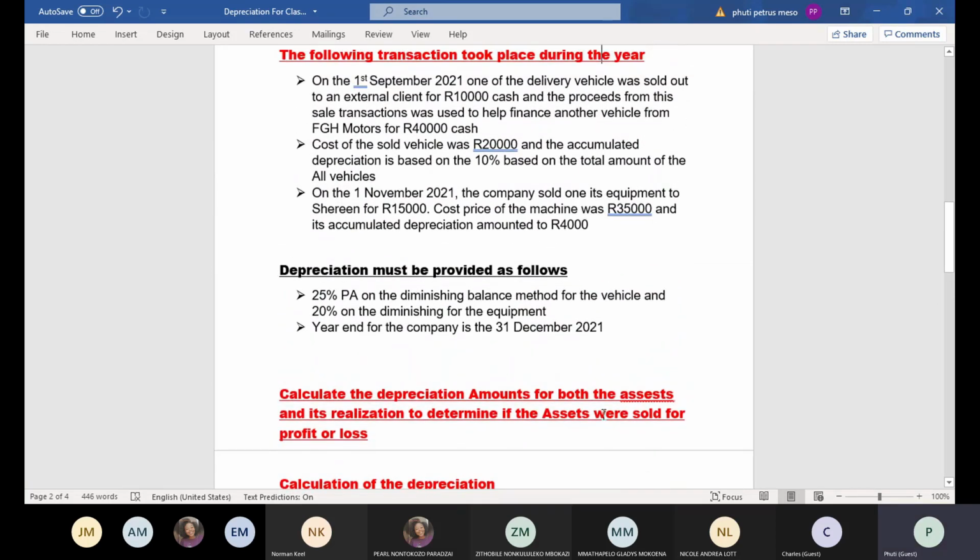On the 1st of November, the company sold one of its equipment to Shireen for 15,000 Rand. Sorry about that, I think you're right, Norman. The cost price of the machine was 35,000 Rand. Its accumulated depreciation is actually 4,000 Rand.